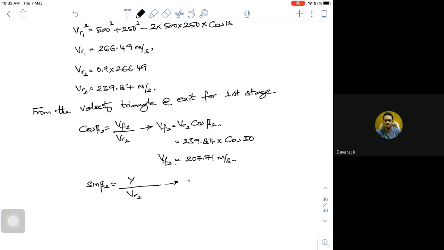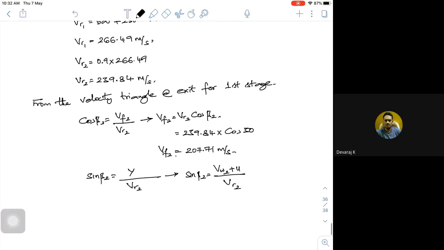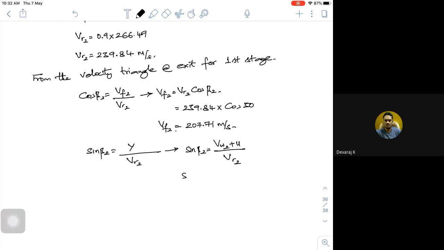So sine beta 2 is equal to VW2 plus U divided by VR2, or I can substitute: sine 30 is equal to VW2 plus 250 divided by VR2, which is 239.84.